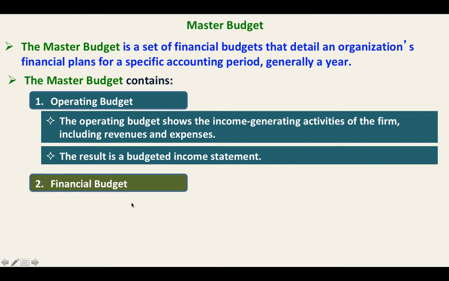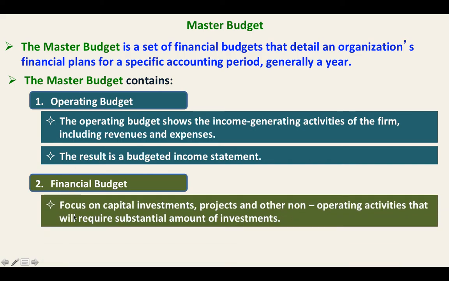The other part of the master budget is the financial budget. The financial budget focuses on capital investments, projects, and other non-operating activities that will require a substantial amount of investment. Here under the financial budget, it is non-operating activities.